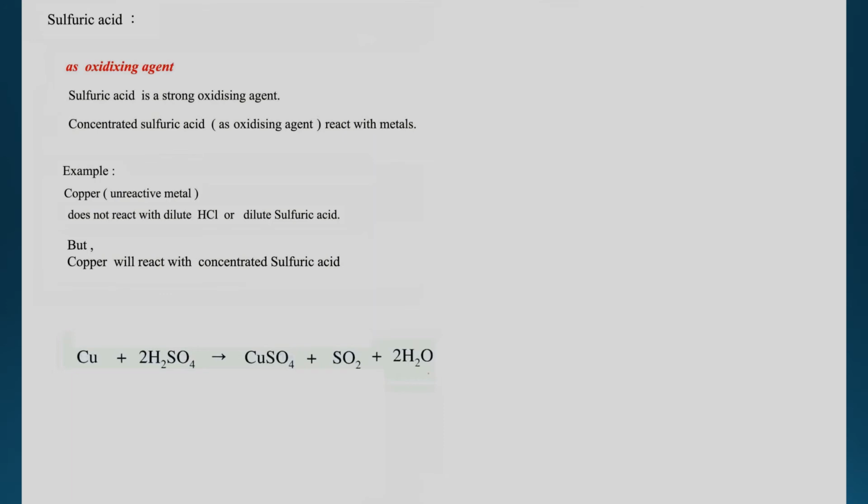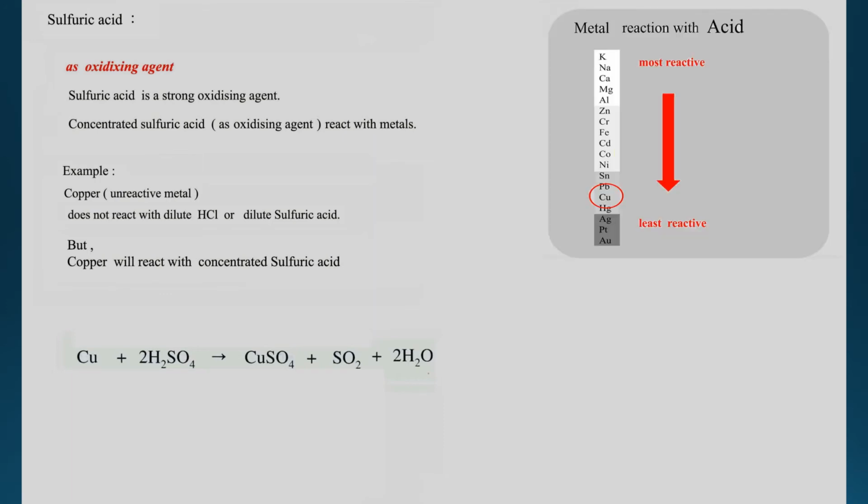And what's so special? If you look at the reactivity chart, metal reacting with acid, you find that copper is in the least reactive group. The least reactive group normally has no reaction with acid. So acid does not react with copper or silver or gold.